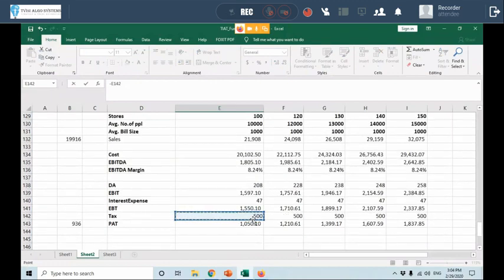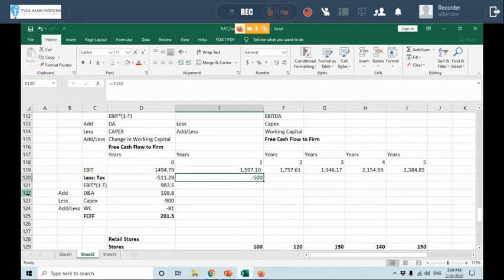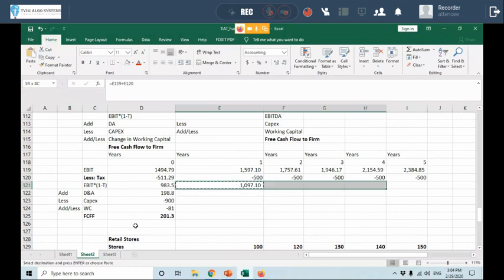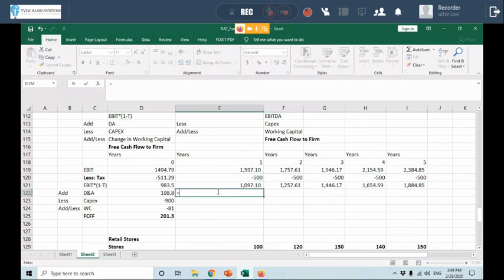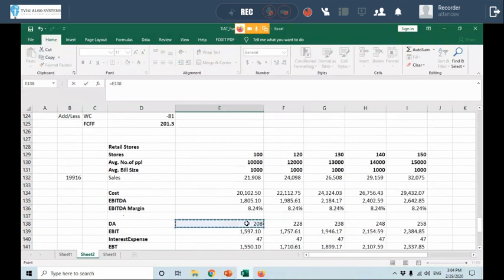Taxes is 500. What is my EBIT into tax rate? This plus this. What is my depreciation and amortization? This amount.